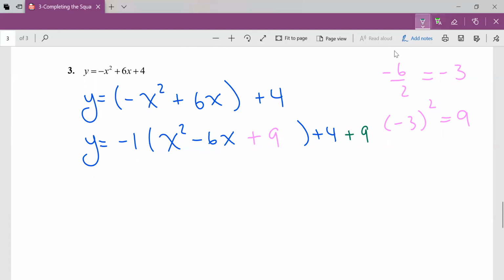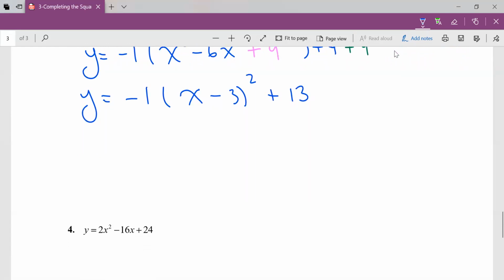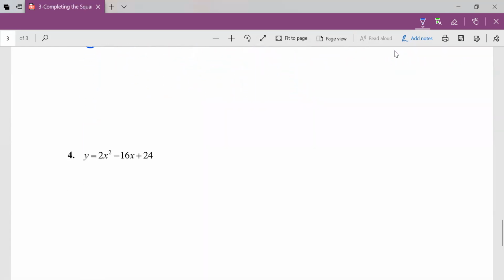When we balance, we have to keep an eye out for whatever we factored out at the beginning. And so now this is x minus 3 squared plus 13, just like that. Again, friends, we can check all of our work by graphing. And if our two graphs are the same, we've done it correctly.